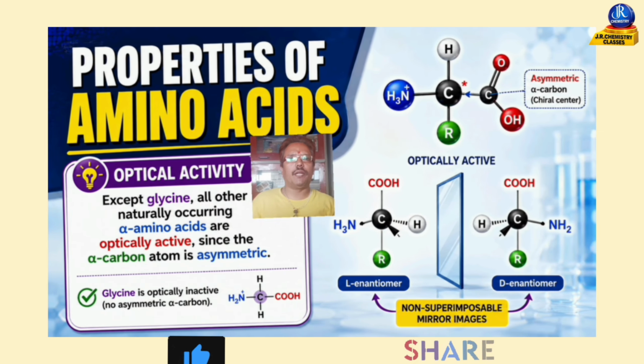Optical activity. Except glycine, all other naturally occurring alpha amino acids are optically active since the alpha carbon atom is asymmetric.